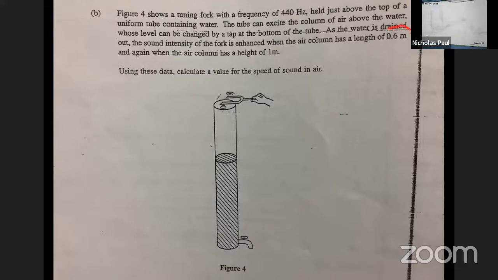When it went from 0.6, we don't know which harmonic it is, to 1, that was two consecutive harmonics. So as it goes from one harmonic to the next, it increases by half a wavelength. That's supposed to help you, right? I hope it does.